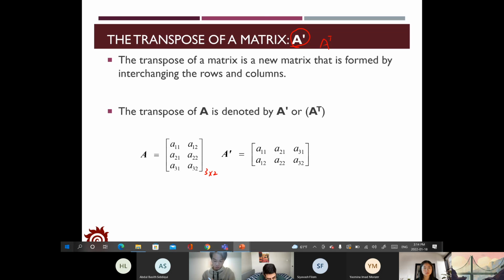So A11 will still be in the same position, but A21, originally located at the 2nd row and the 1st column, will change to the 1st row and 2nd column, and you can apply this change to the other elements. So the transpose becomes a new matrix with the dimension of 2 by 3, so we have two rows and 3 columns.